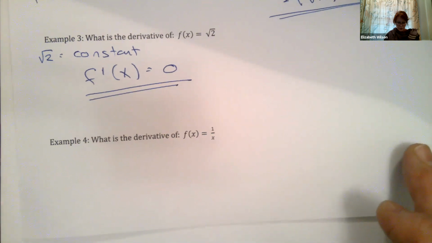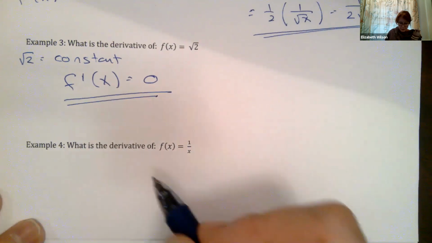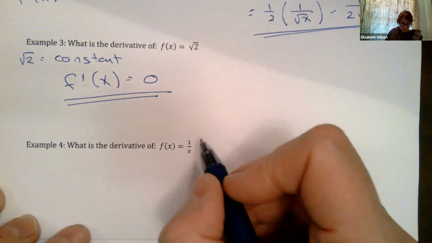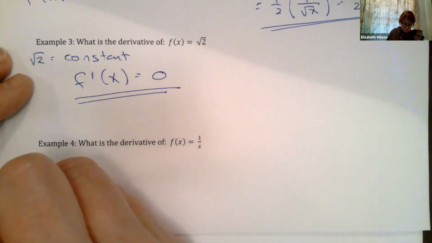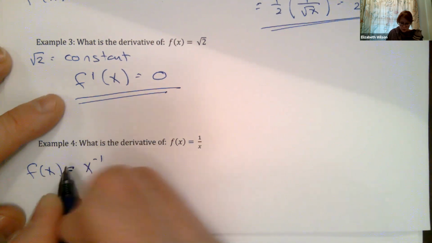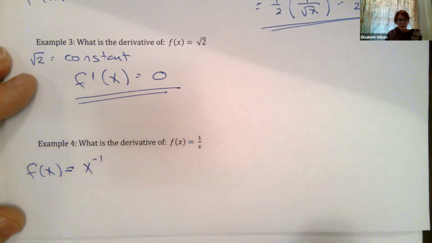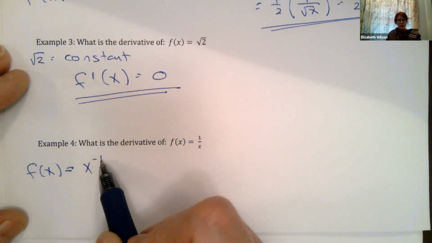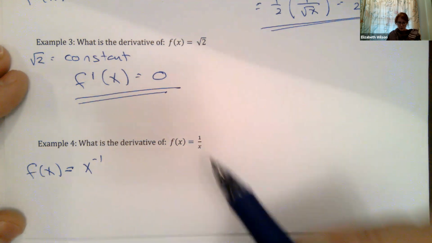Okay, example 4. What's the derivative of f of x equals 1 over x? Okay, so this I'm going to rewrite like this. X to the minus 1. So this is 1 over x to the 1, right? If I write it like this, this says this x needs to be on the other side of the dividing line, 1 over x.